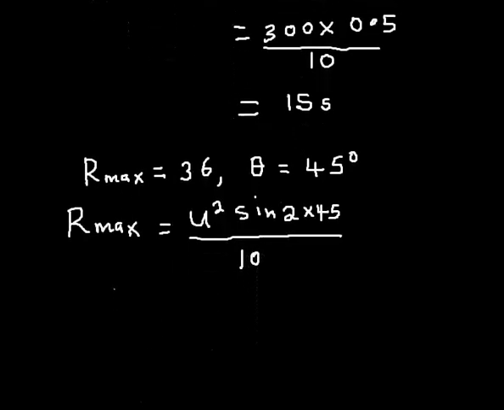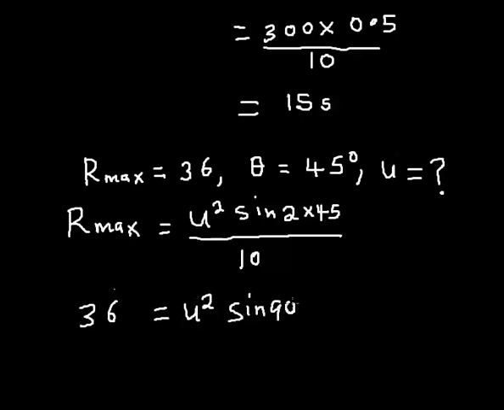We're looking for the initial velocity, u. So our R maximum is 36, equal to u square, then sine 90, divided by 10.